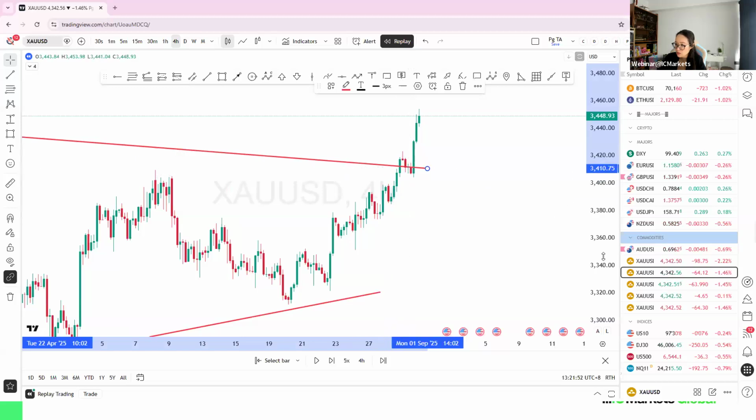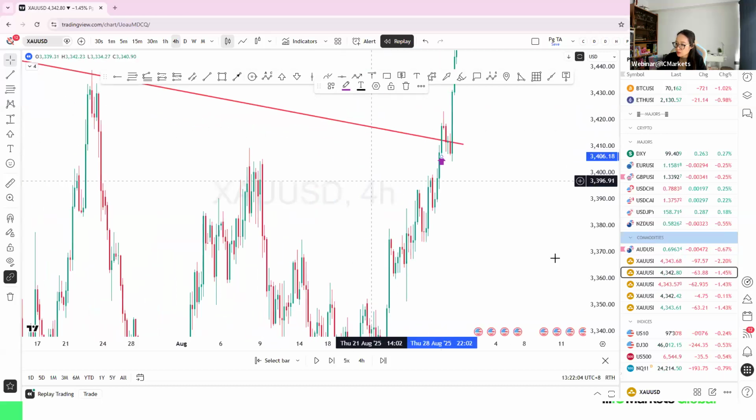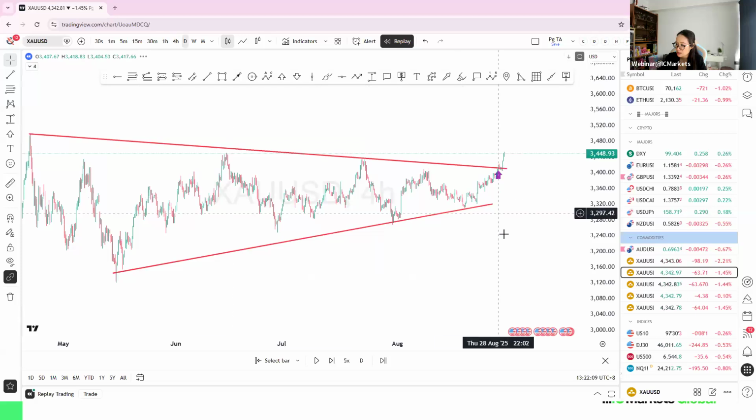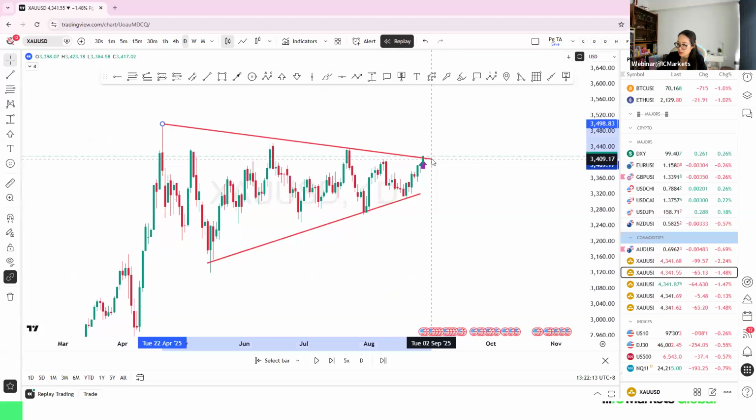That is your confirmation. Confirm breakout, because if the body cannot close beyond the triangle here, right? Close beyond, you wait for the pullback and then you buy. Okay. You go to the daily time frame, you will see it very clearly. Okay. Here.